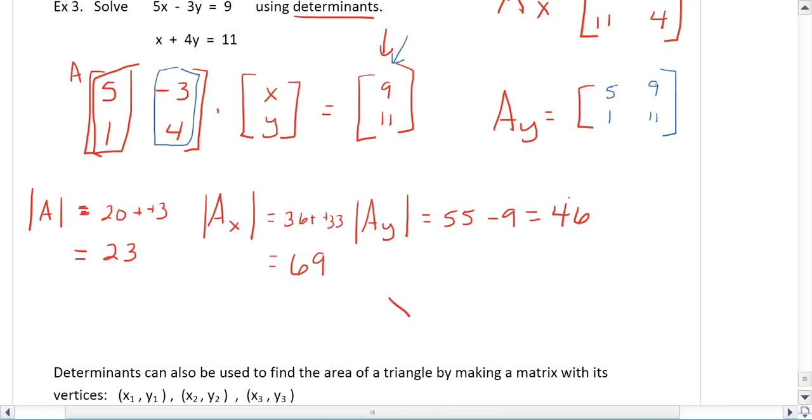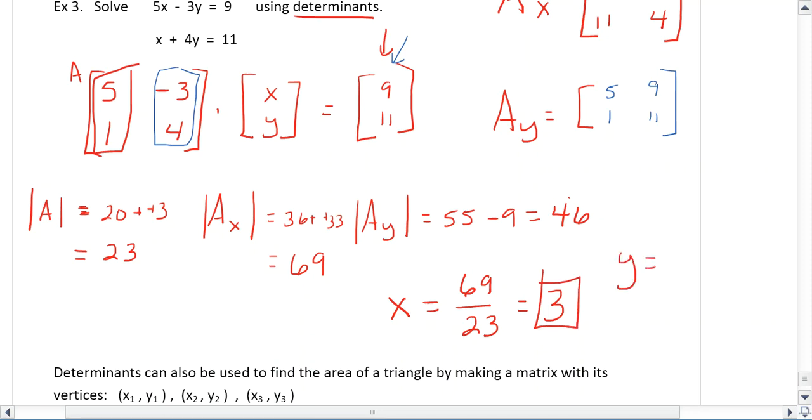Cramer's rule says to find x, we use the determinant of A, and we are going to divide that into the determinant of A sub x. So we have 69 divided by 23, which, oh, this turns out nice. That's 3. So that's my x answer.